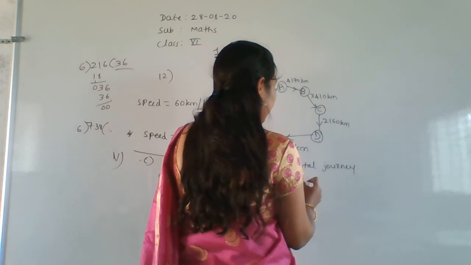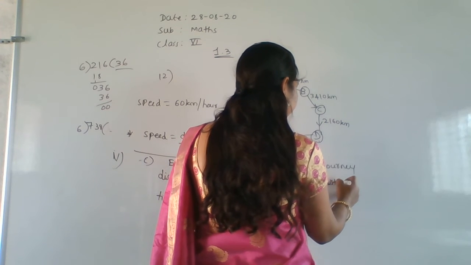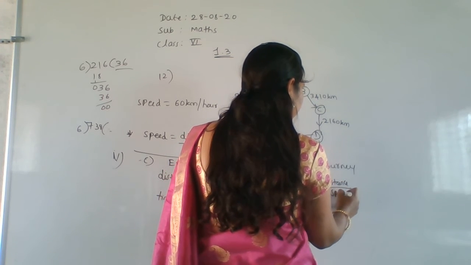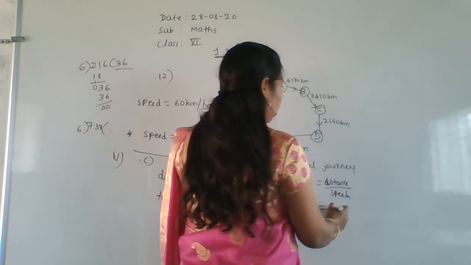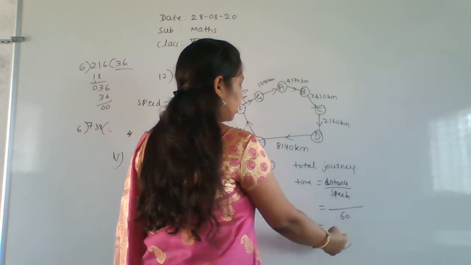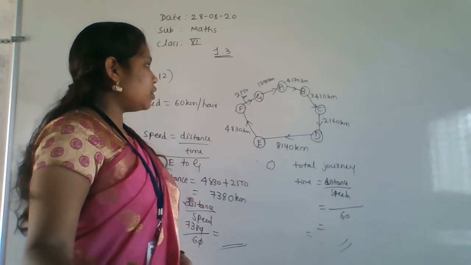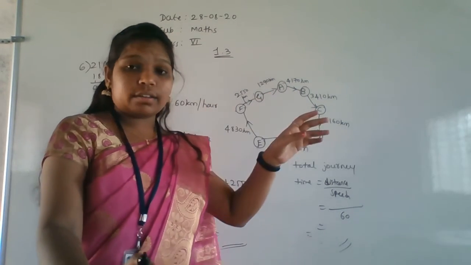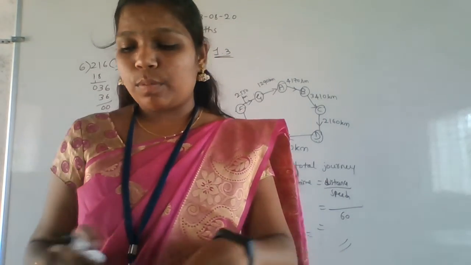So time is again distance divided by speed. In the third one, they gave a total distance that you have to write, and speed is 60. Do the division and write the quotient here. That is the time taken by the bus to reach from A to A, the total journey. Okay. So I hope everyone understood these problems.